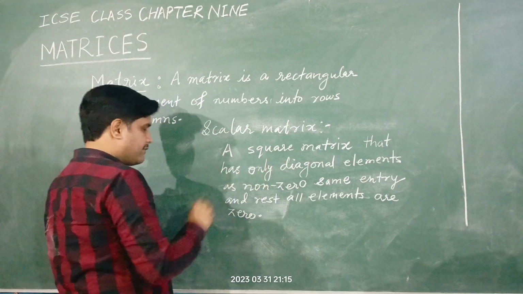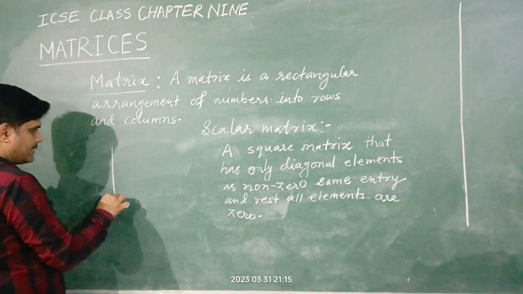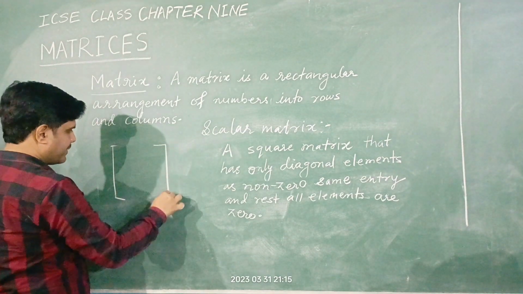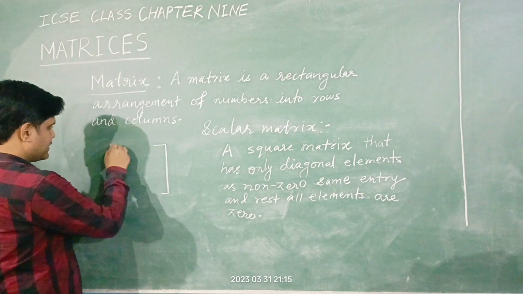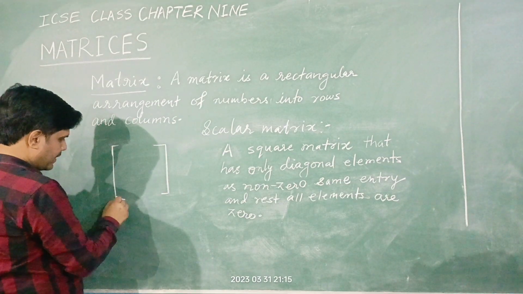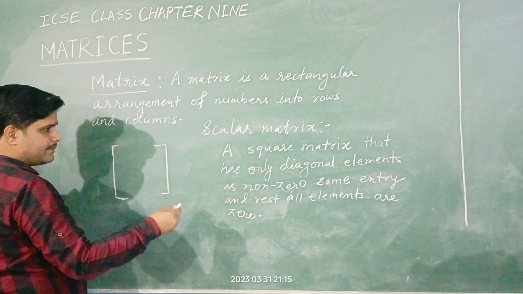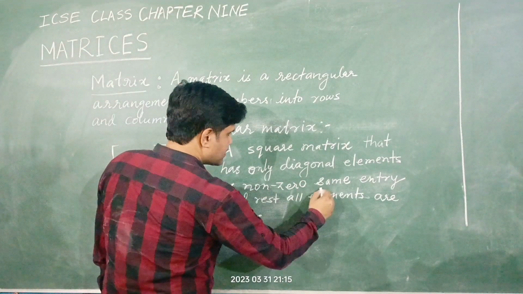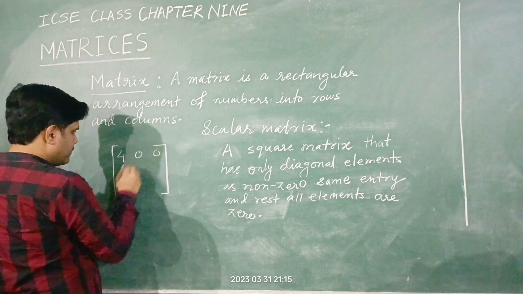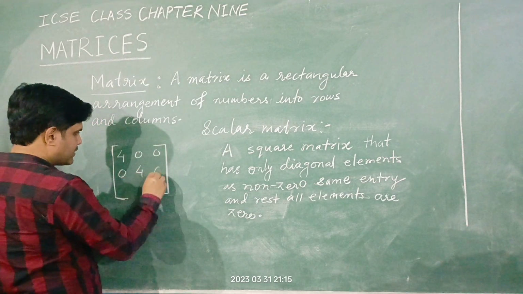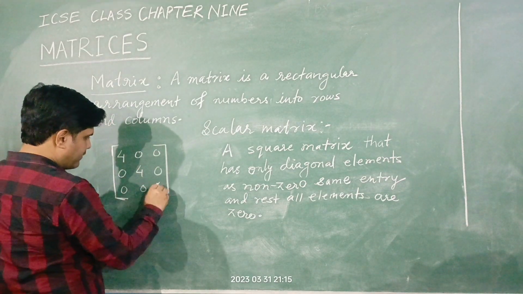This will be more clear with the example I'll write here. I said it has to be a square matrix. I could have said that it has to be a diagonal matrix, which will satisfy the initial conditions. And now, as I said, it has a non-zero, same entry. So I'll write here 4, 0, 0, 0, 4, 0, 0, 0, and 4.